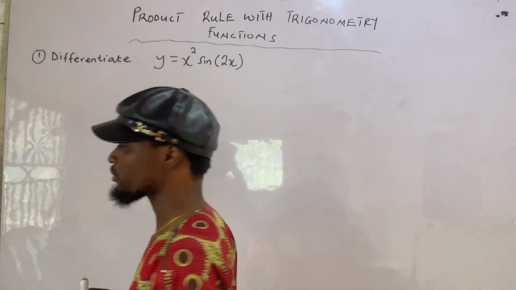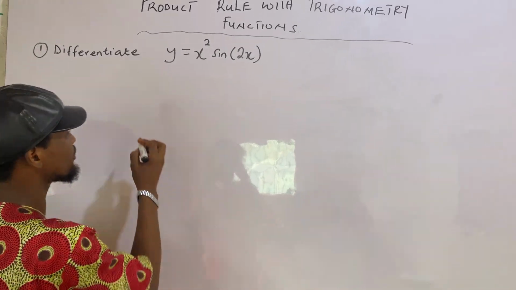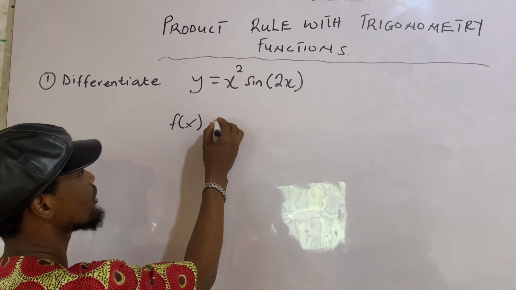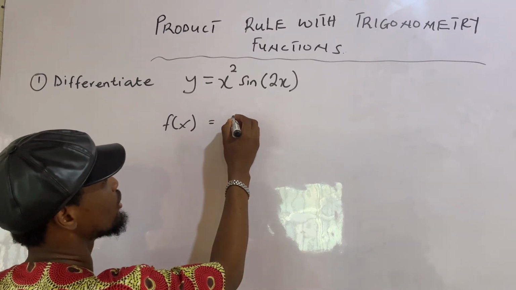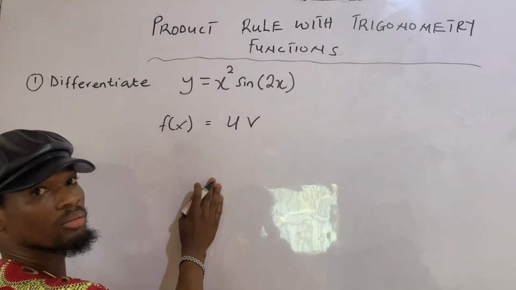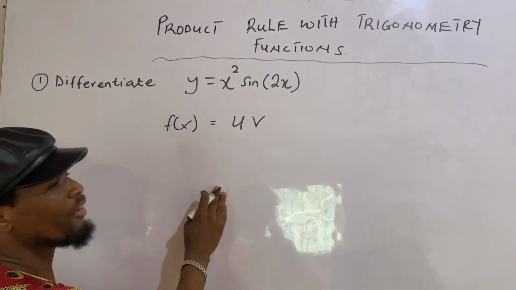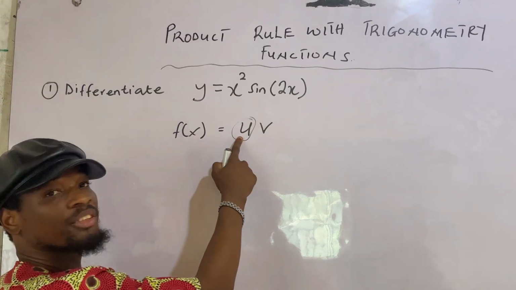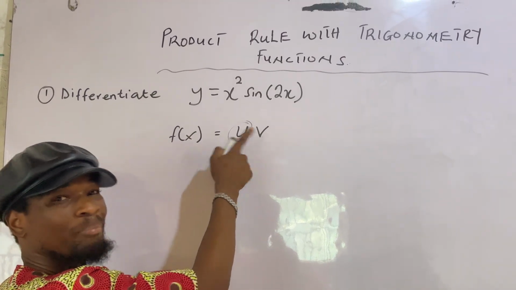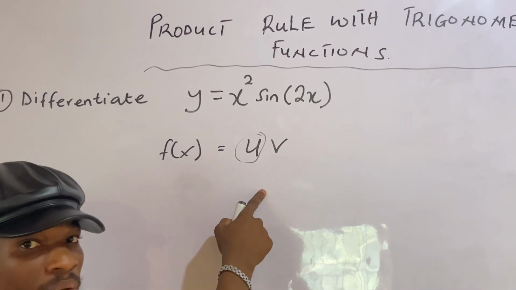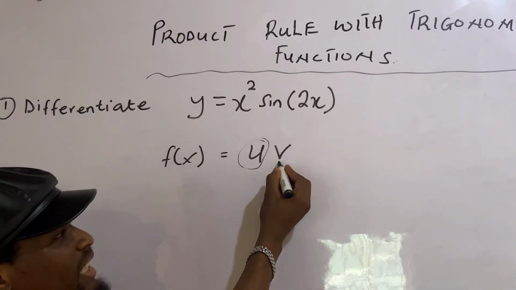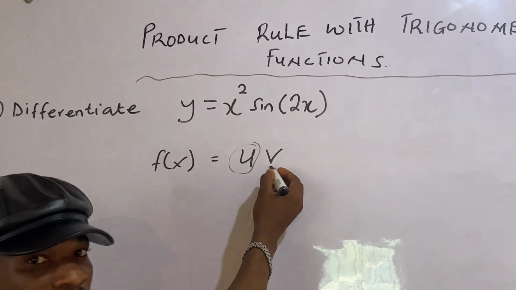Now, when you have a function f of x, then you have u times v. So far as the product rule is concerned, you differentiate the first function with respect to a certain variable, say x, then you keep the second function constant.